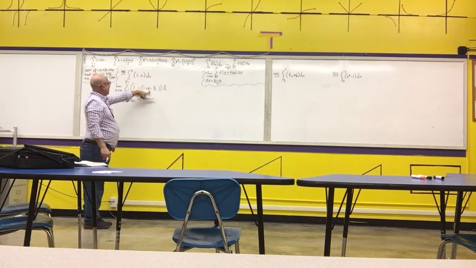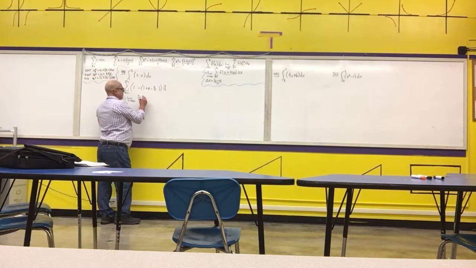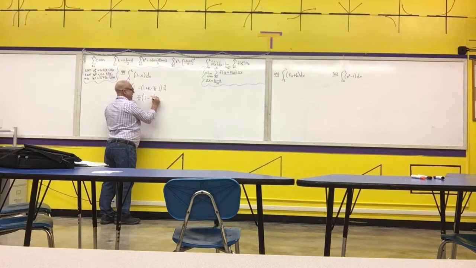Okay, this k I'm going to replace with n times n plus 1 over 2. So that would be 1 minus, the k becomes n times n plus 1 over 2, times the 4 over n.